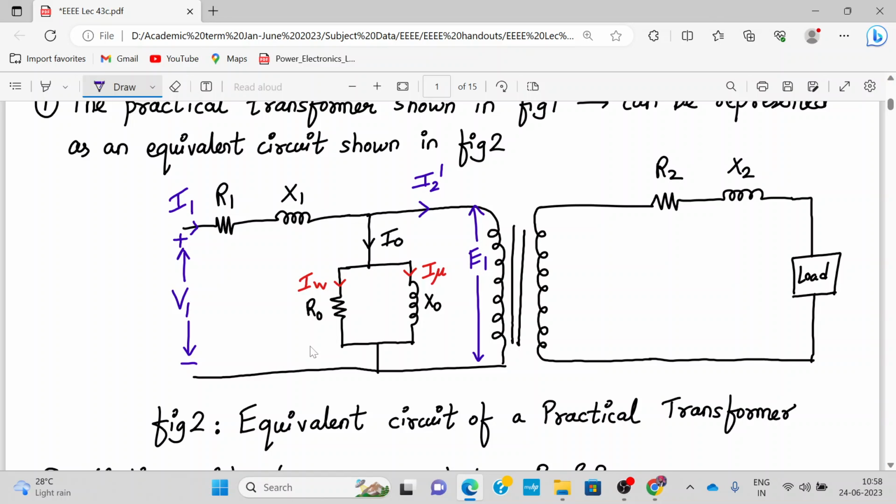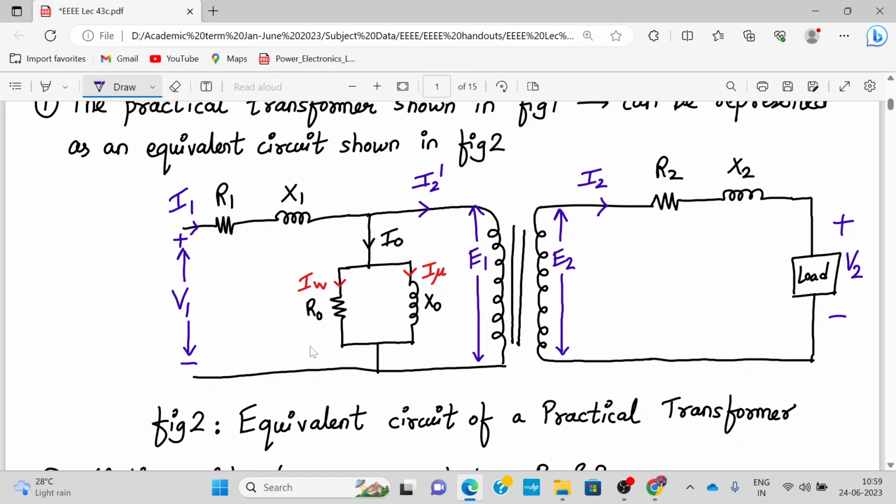Due to the self-induced EMF E1, EMF is induced in the secondary coil because of the flux linking between the primary and the secondary, and that mutually induced EMF is called E2. Whenever we connect a load to it, a current starts flowing, which is called the load current or the secondary current, and at the output we get the load voltage or the secondary voltage V2.